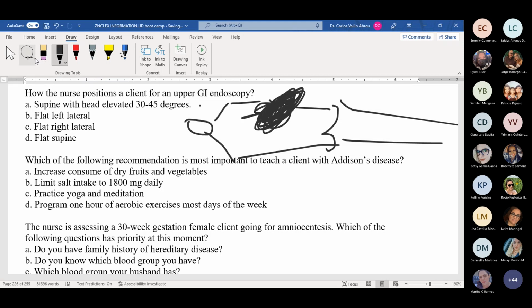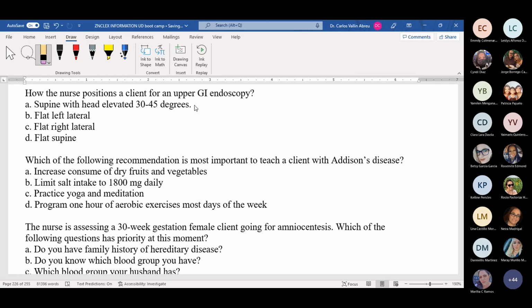In which position do we place the client for a liver biopsy?